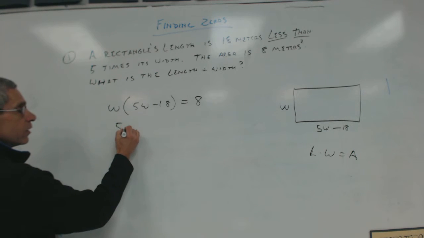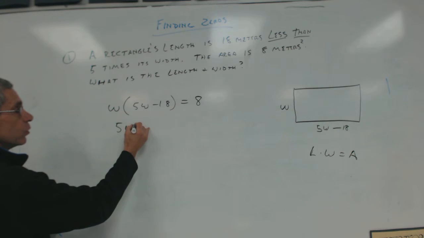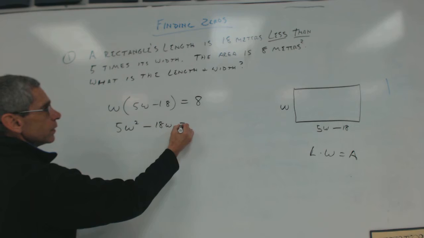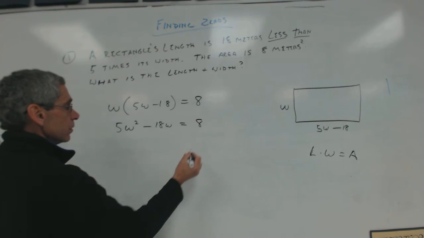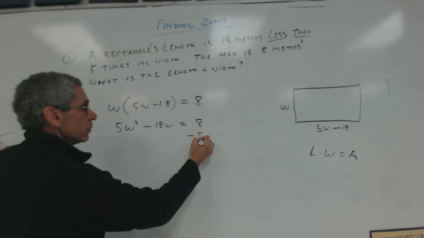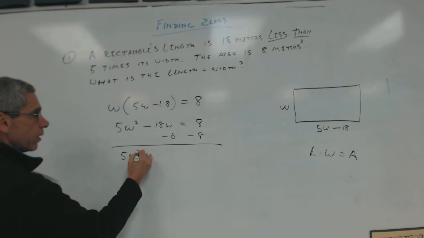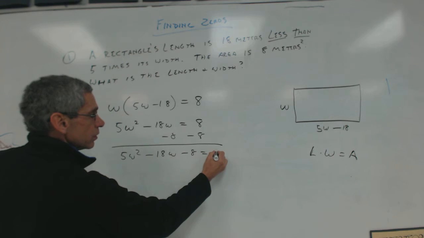Then it starts looking like a quadratic equation: 5W squared minus 18W equals 8. And then I'm going to subtract 8 to make it equal 0. So 5W squared minus 18W minus 8 equals 0.